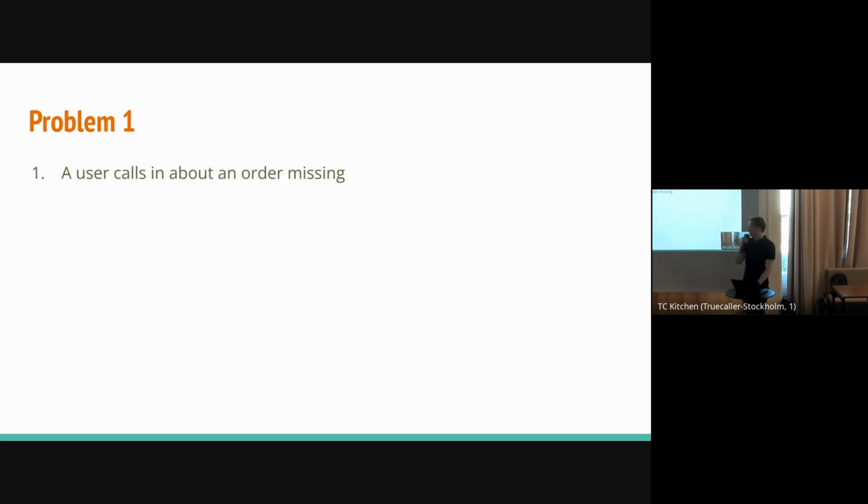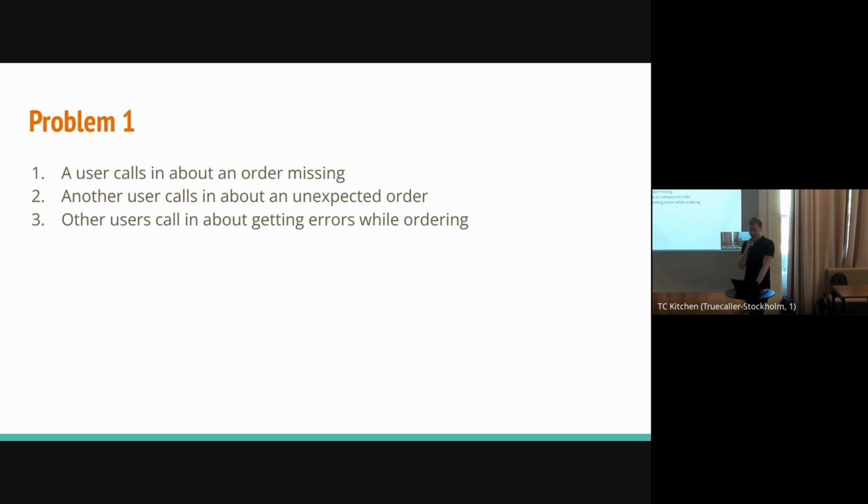You hope that it's just a one-off and you can fix it next week. And then another user says that they found an order, but they didn't expect it, so you're starting to sweat. Other users are saying that it's just giving errors, so your weekend is ruined.